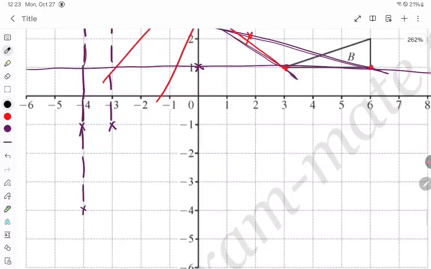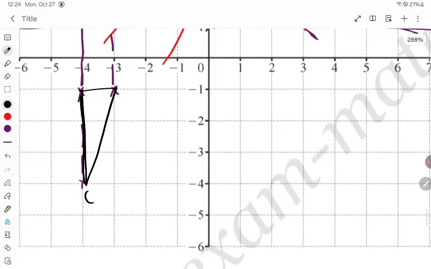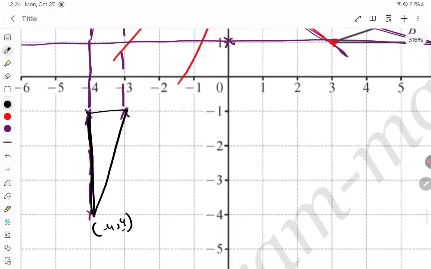Form the triangle. Mark the points, negative 4. Negative 4 is in the third quadrant. All the points are negative.